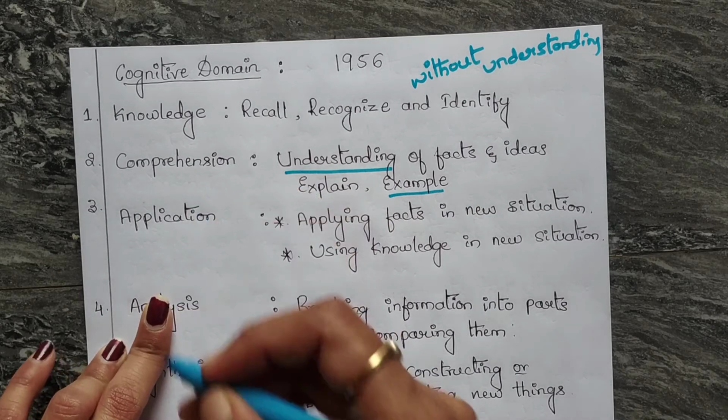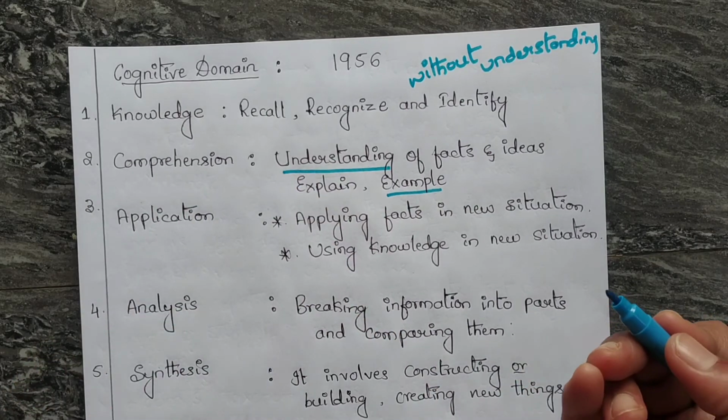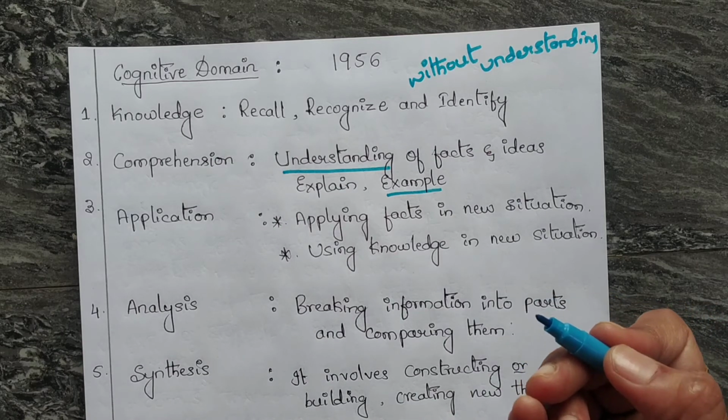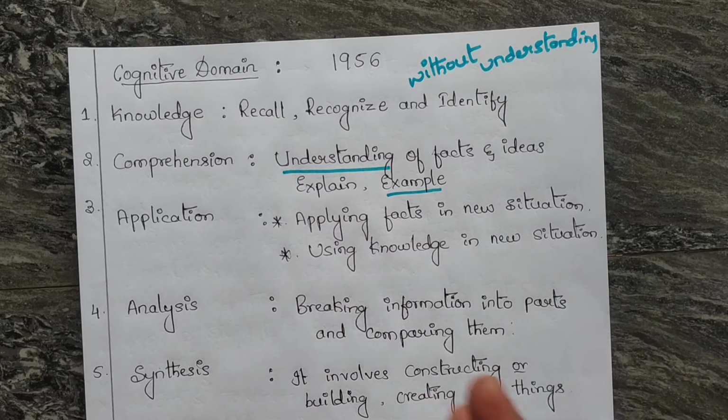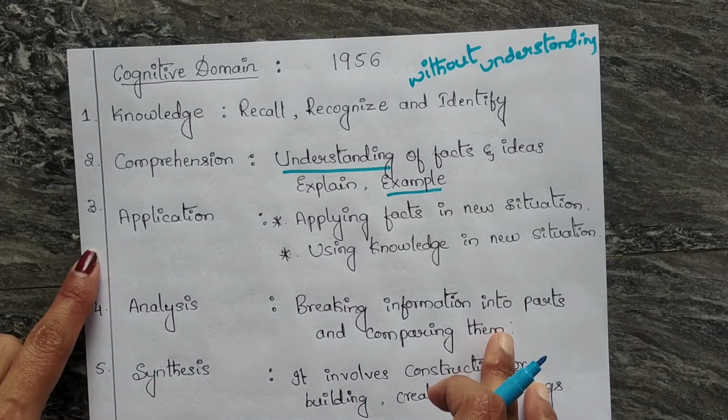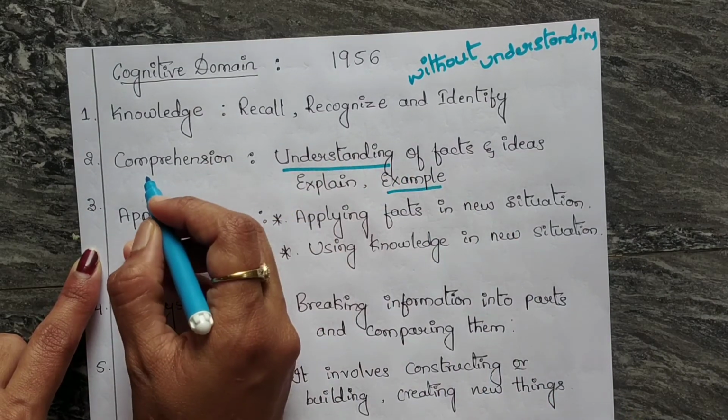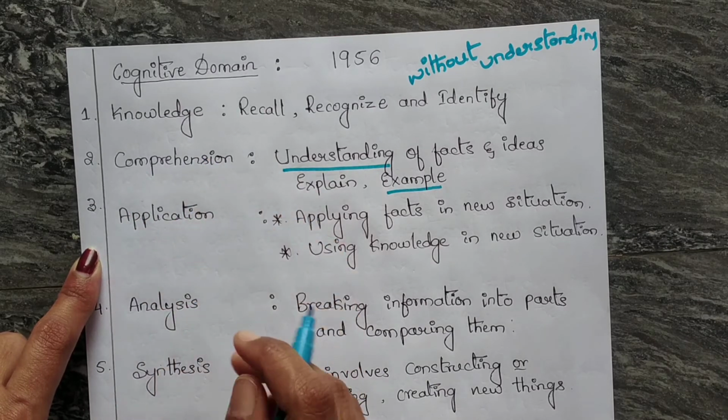It involves demonstrating understanding of facts and ideas by organizing, comparing, and translating. They are able to interpret the concept, give a description of the concept, and state the main ideas of the concept. That is the comprehension level.